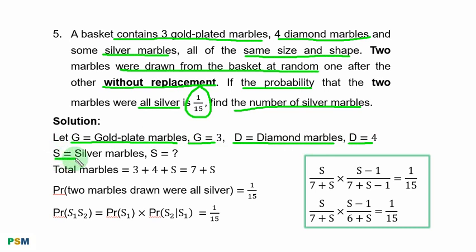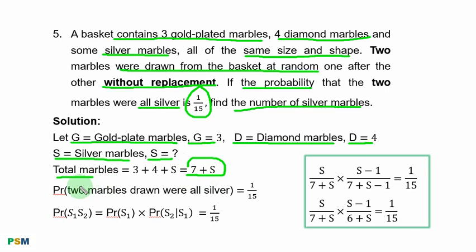S equal to silver marbles, the number is unknown. We have to get the total marbles, which is addition of 3, 4, and S. You have 7 plus S.